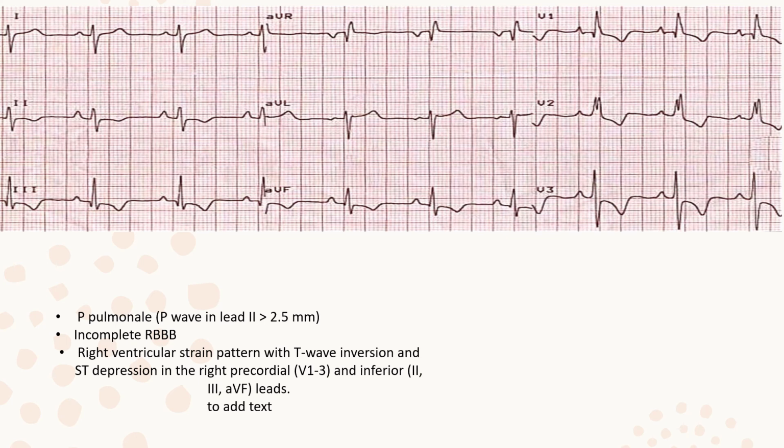And oh, we did have P pulmonale, right? Prominent peaked P waves in 2, AVF, and some of the V leads. Okay, so I think we got all of that on that one.